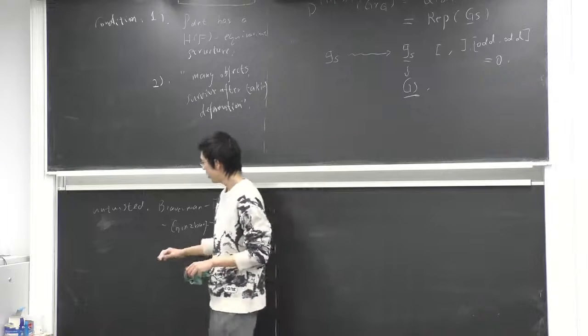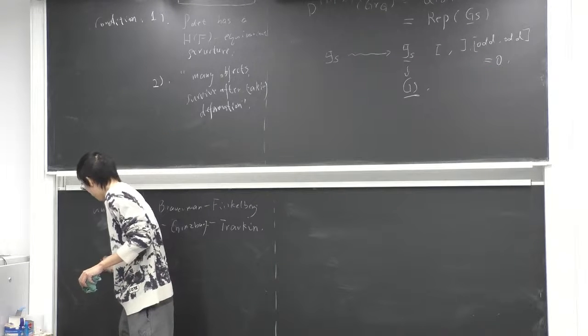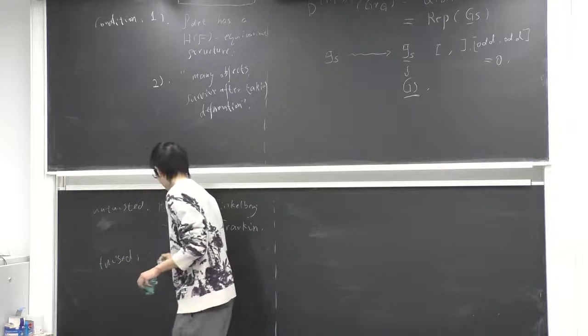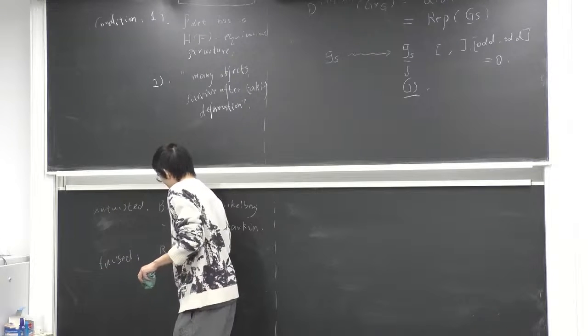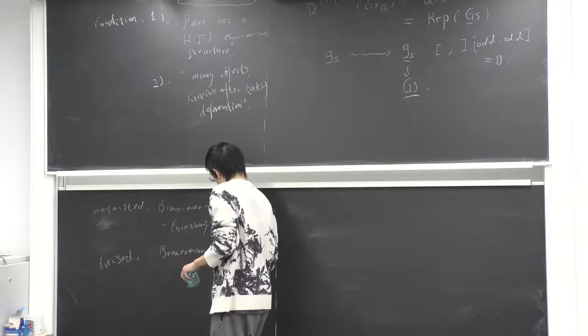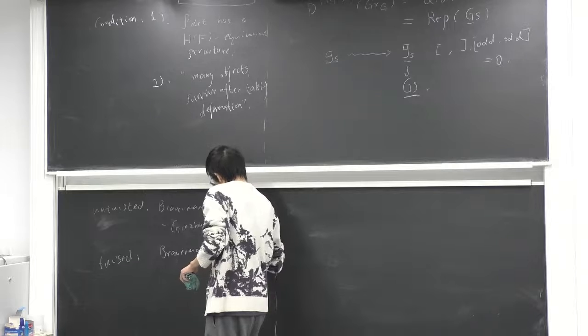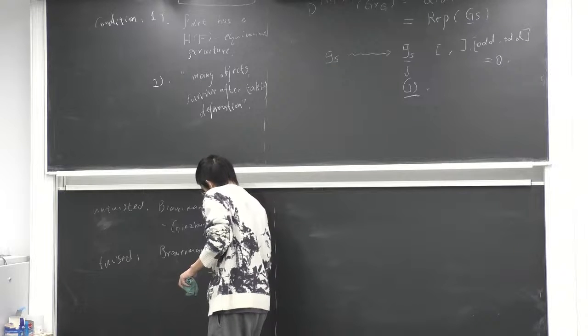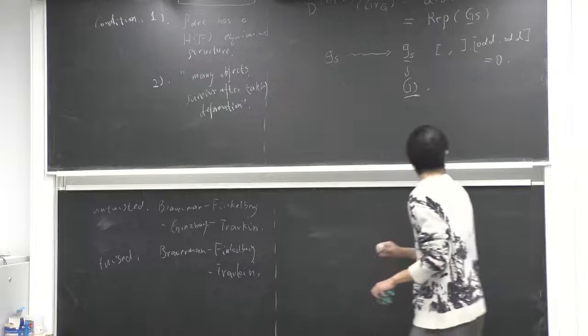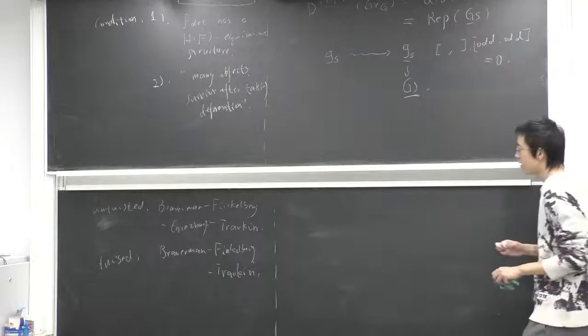So that is for the untwisted case. And for the twisted case, it has already been proved by Braverman, Finkelberg and Travkin. So that is the case of m equal to n minus 1.